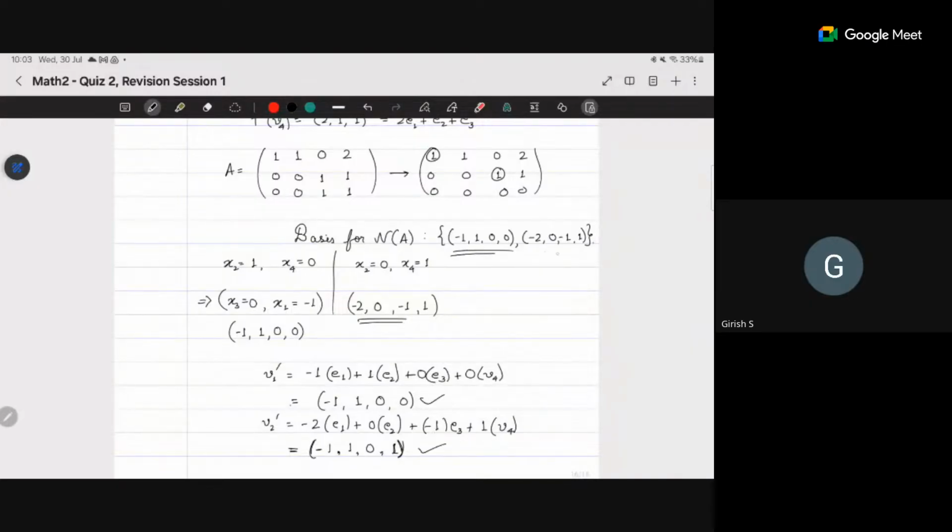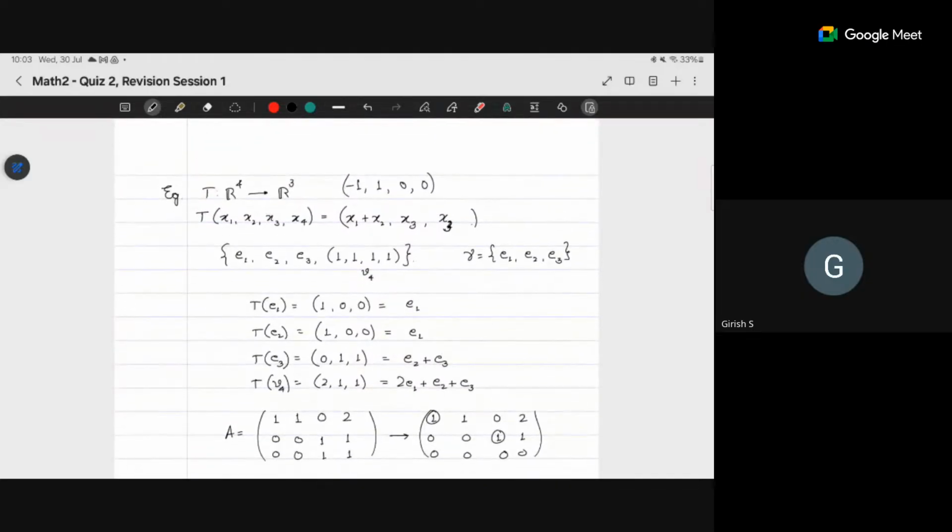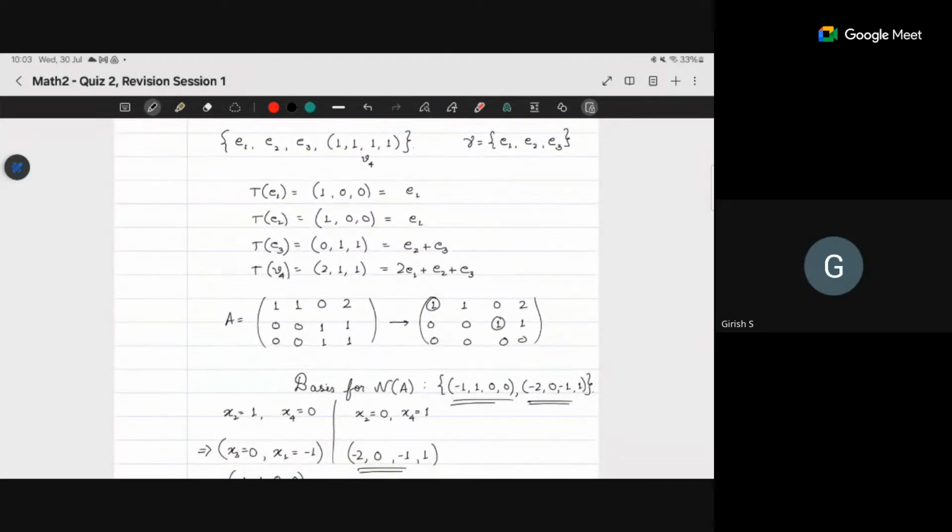A basis for the null space would be the coefficient vector of this in that basis. So when you are trying to find the basis of the kernel, what you do is you go to a matrix. The matrix is formulated with respect to a certain basis, so you'll probably get different matrices when you're using different bases.